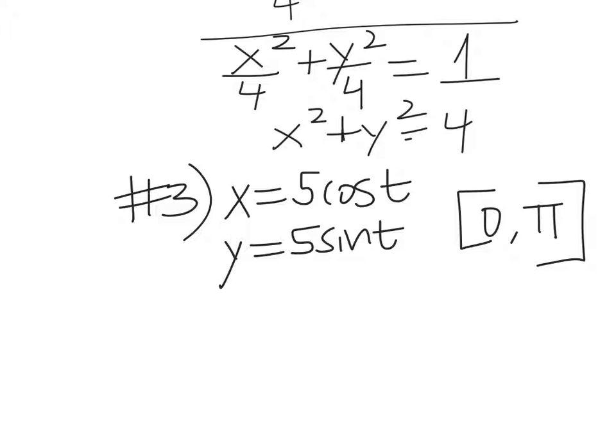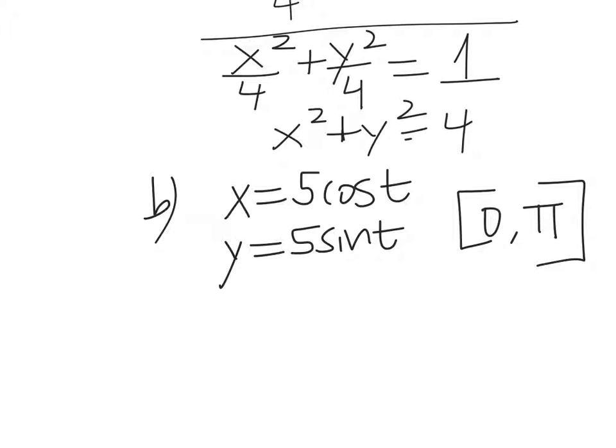This is B. You're right. All right, 5 cosine t, 5 sine t from 0 to pi. A little tiny bit different. I changed the radius, and it's a half circle. You knew that already. That's great. Is A the radius? It is.